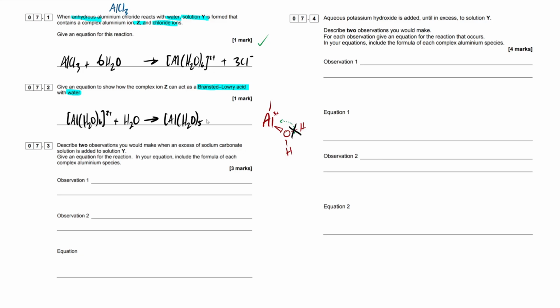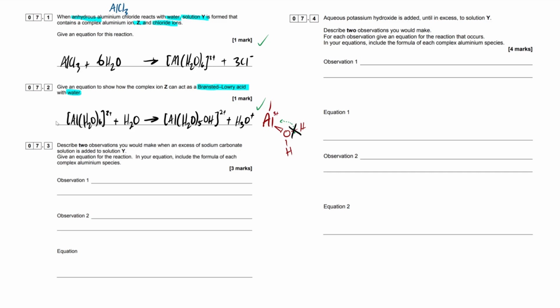So if I write that in, we're going to get 5 water molecules, okay, and 1 OH minus, okay? Now, our charge is going to ultimately change here because we've lost a 1+ proton. So this is going to go down to a 2+ charge. And then this water is going to become a hydronium ion, okay, a H3O+. Okay, so another mark in the bag there. As I said, all these equations, flashcards, guys.